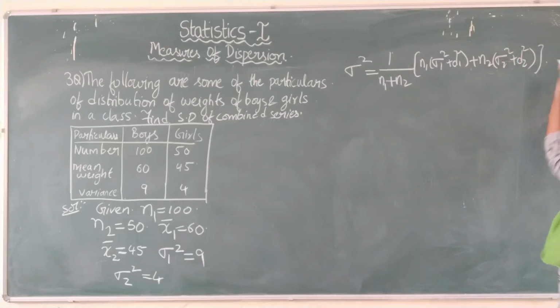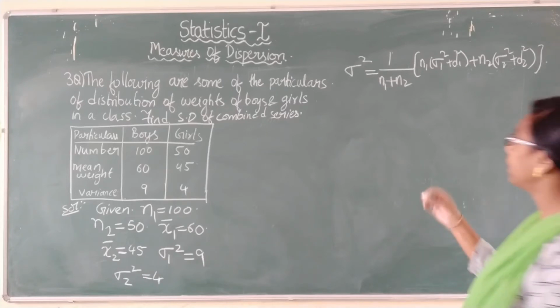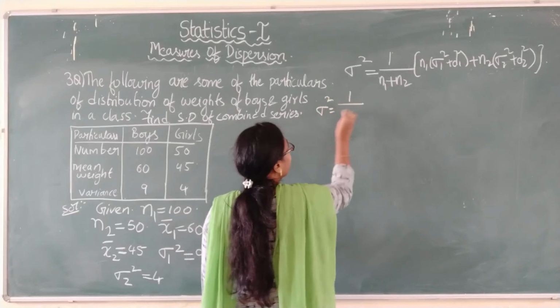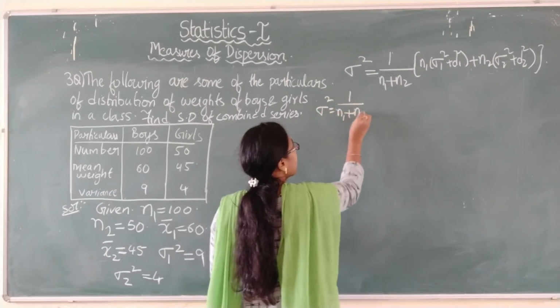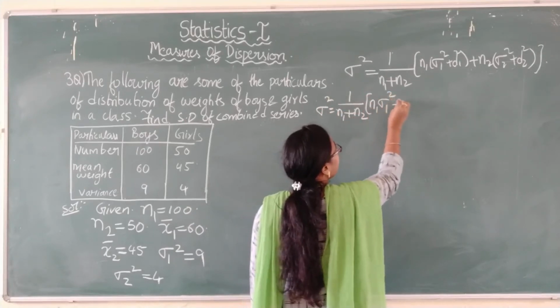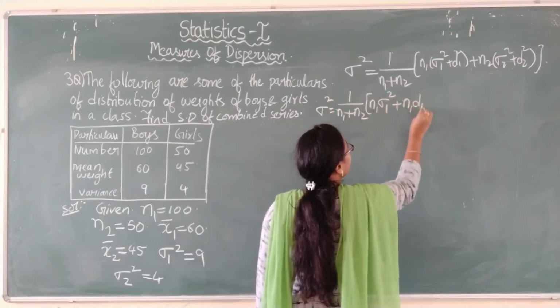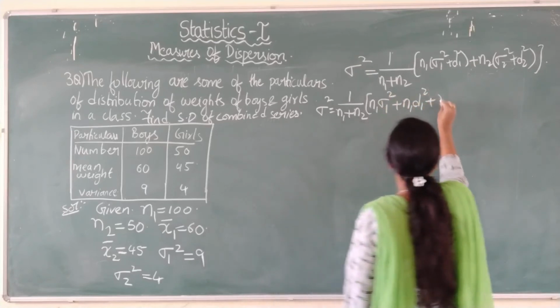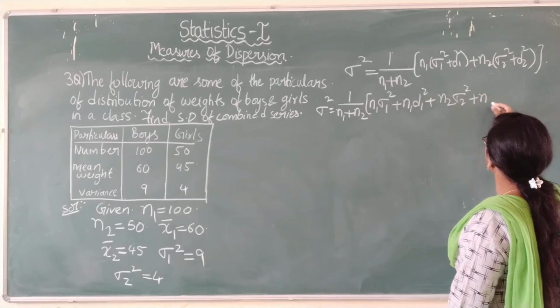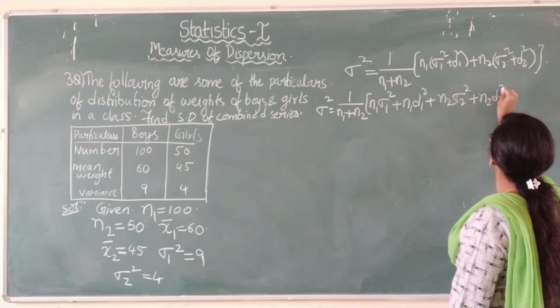So if you simplify, this formula can be written as, by multiplying this n1 inside, sigma square is equals to 1 by n1 plus n2 into n1 sigma 1 square plus n1 d1 square plus n2 sigma 2 square plus n2 d2 square.